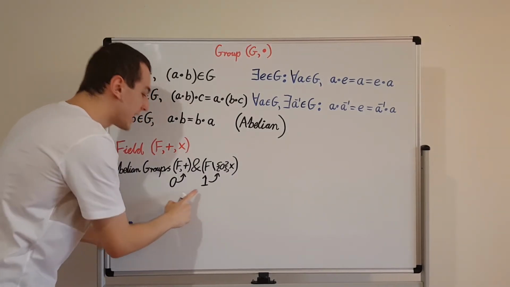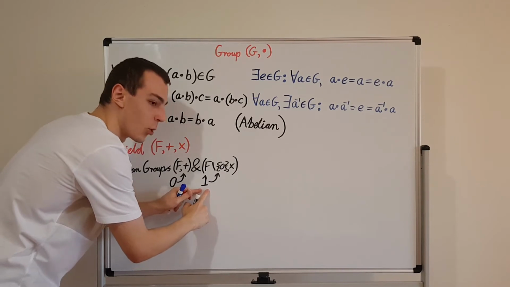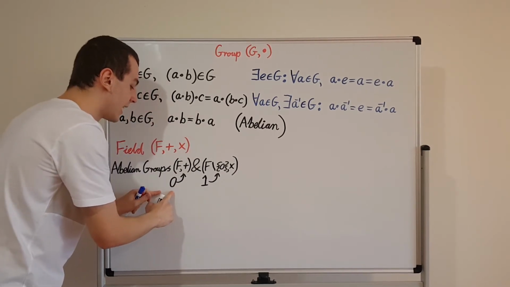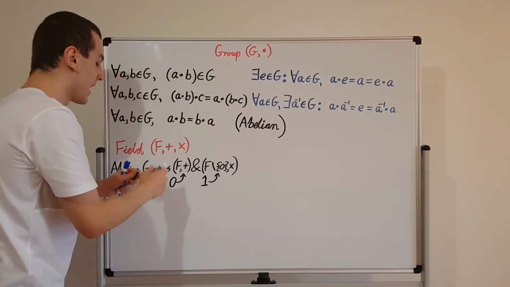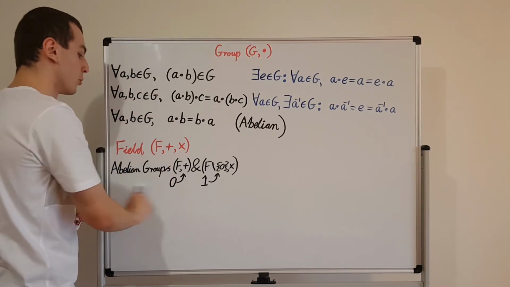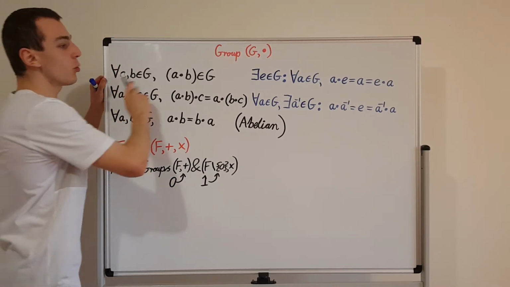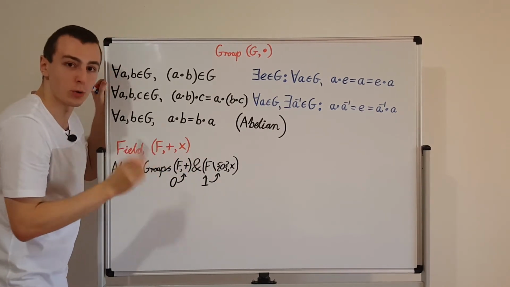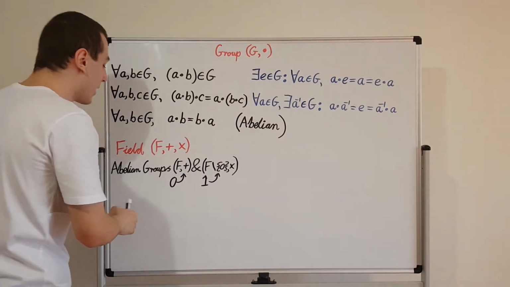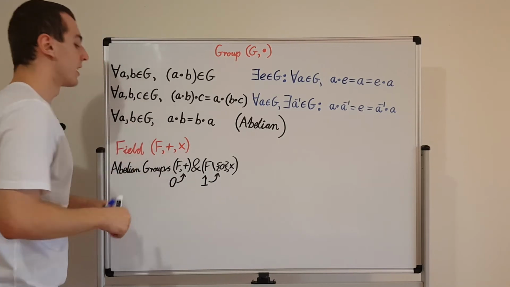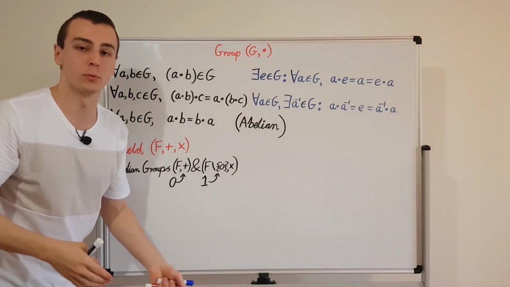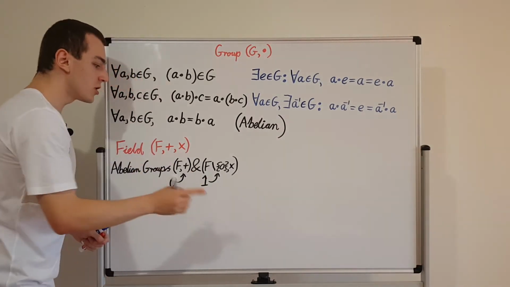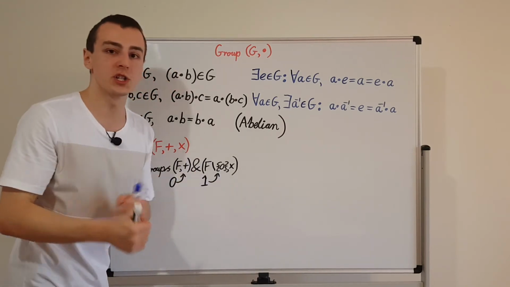The multiplicative identity is 1 and the additive identity is 0. And both of these are abelian groups. So that means in addition to all of these axioms, the commutativity axiom is also satisfied. So that is why we have to specify that these are abelian groups. Another way of saying it is they're commutative groups. So what we also want is a way to link these two operations together.